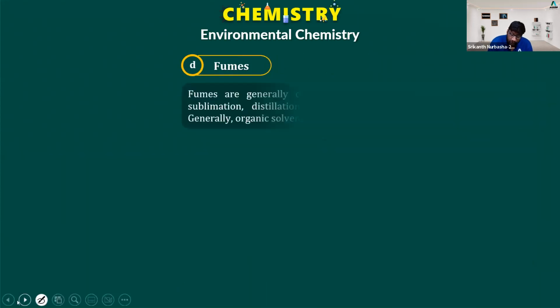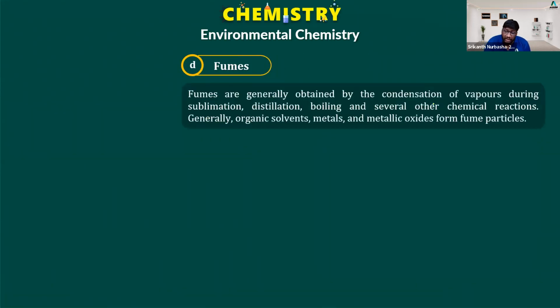And then we have fumes. Fumes are generally obtained by condensation of vapors during sublimation, distillation, boiling. We will be doing all these techniques like sublimation, distillation, boiling, and several other chemical reactions. Generally, organic solvents, metals, and metal oxides form the fume particles. They are obtained in industry waste.